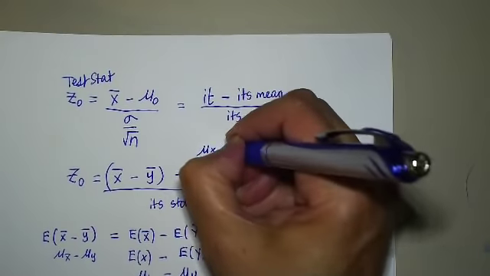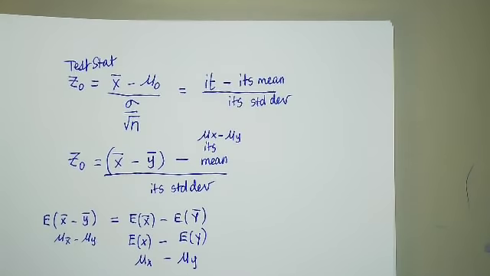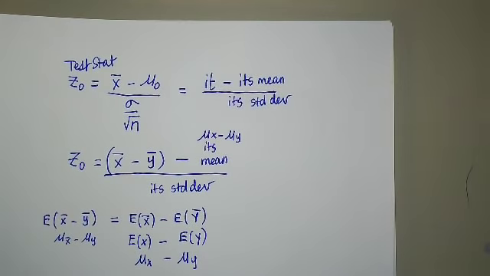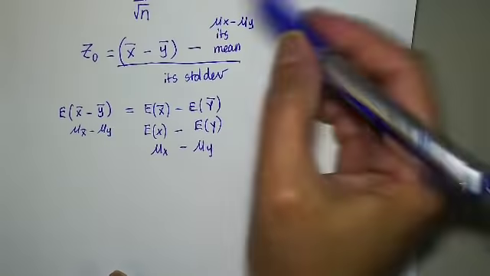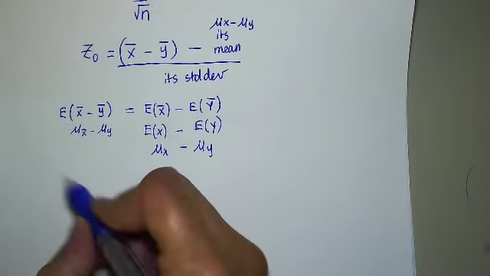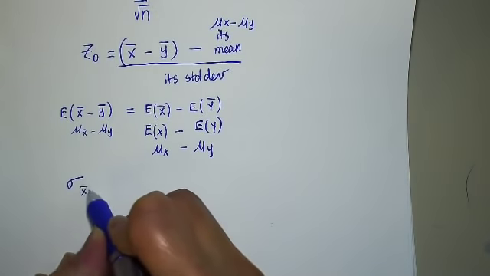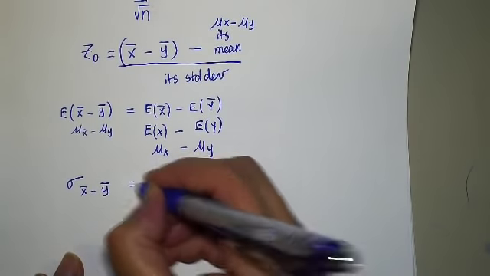But we have this theorem that says that when you look at the sampling distribution of the means, the mean of that distribution is equal to the mean of x. That was a theorem. So E of x bar is just E of x, which is mu x. And E of y bar is just E of y, which is mu y. So what goes here is mu x minus mu y.